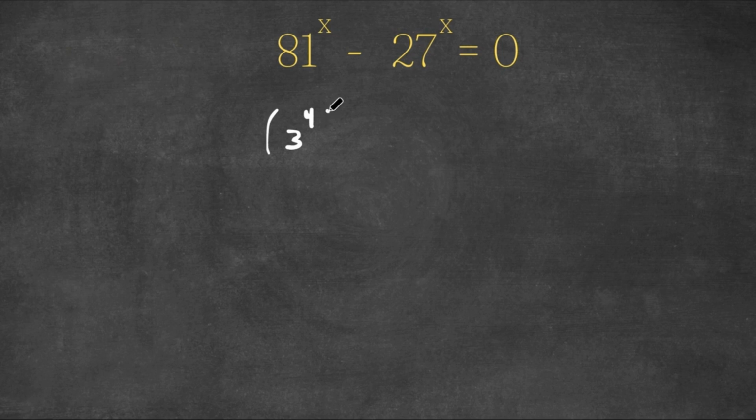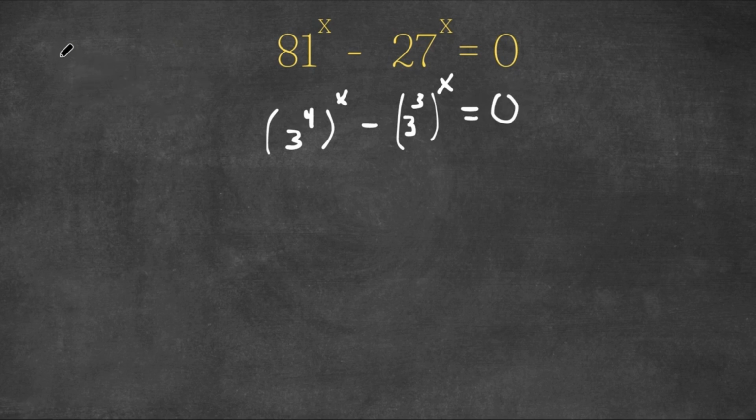So now we have 3 to the power of 4 to the power of x, minus, and I'm going to change 27 to 3 to the power of 3. So now we have 3 to the power of 3 to the power of x, and this is equal to 0.